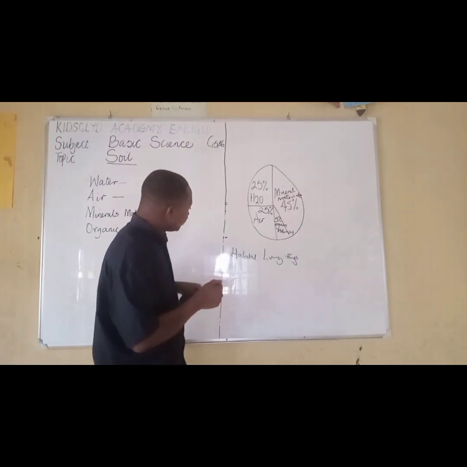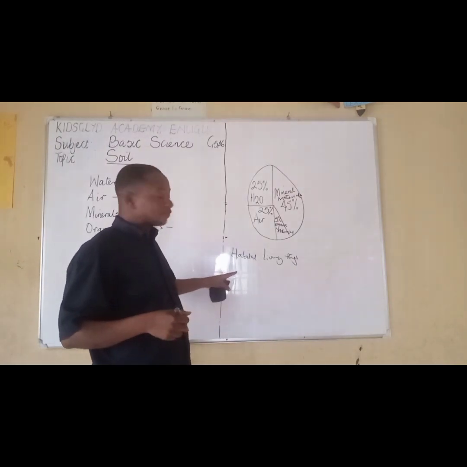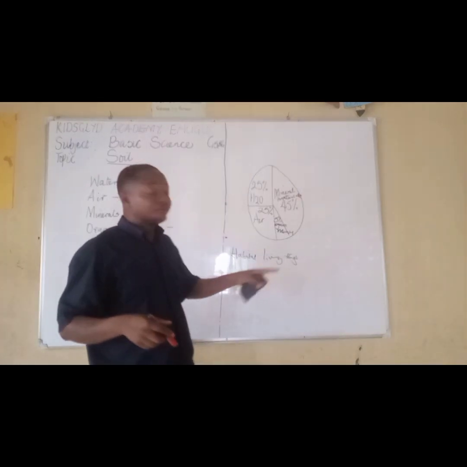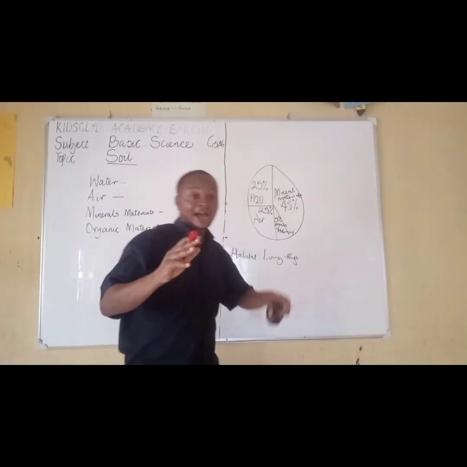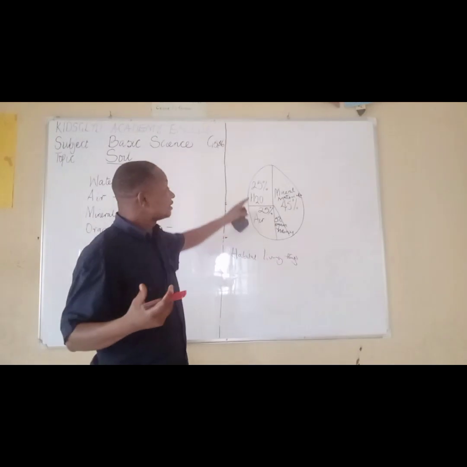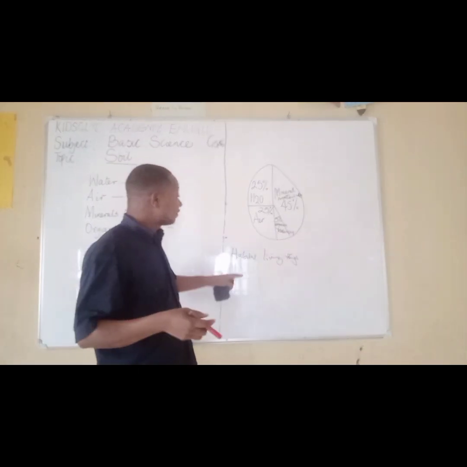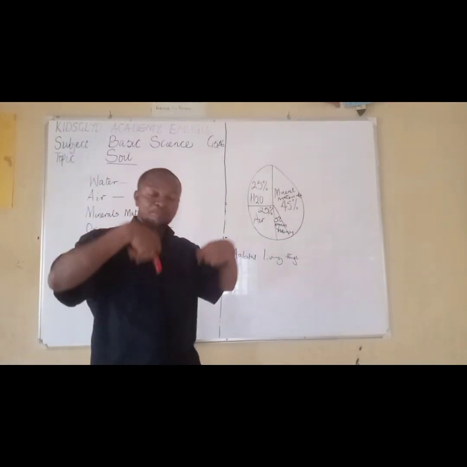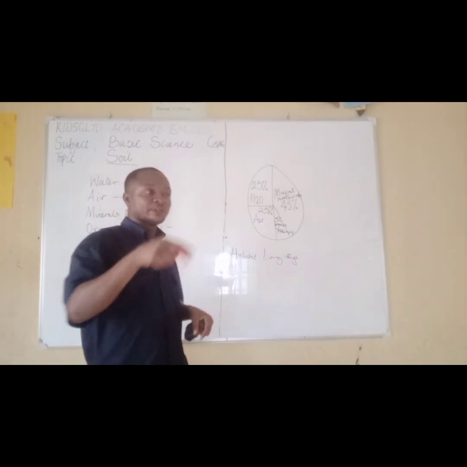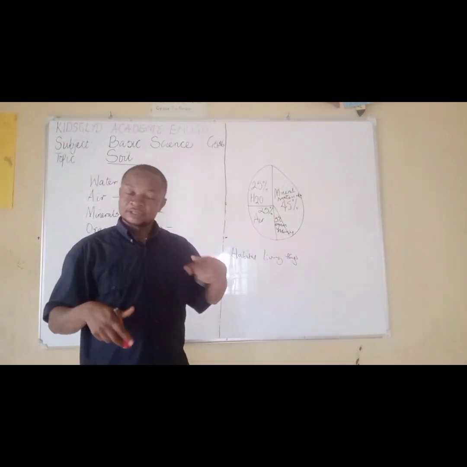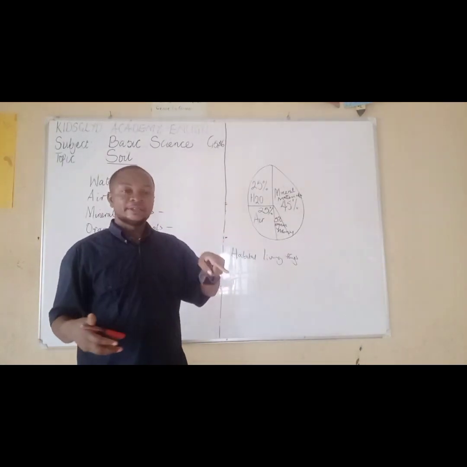Since the soil serves as habitat to these living things, if there is no air under the soil, how do you think those animals will survive? So that is how this air is very important. When we say it serves as habitat, it serves as a living place for them, just like you live in your house. That is how some animals, for example worms, live under the soil.